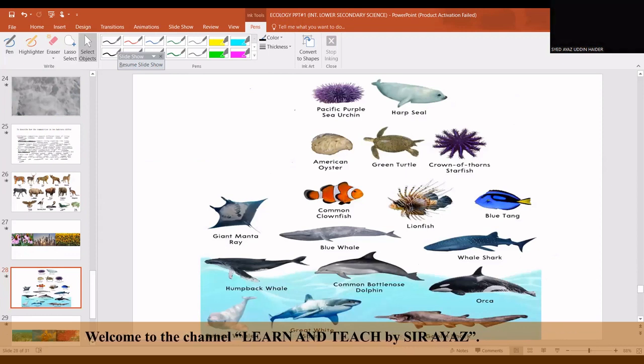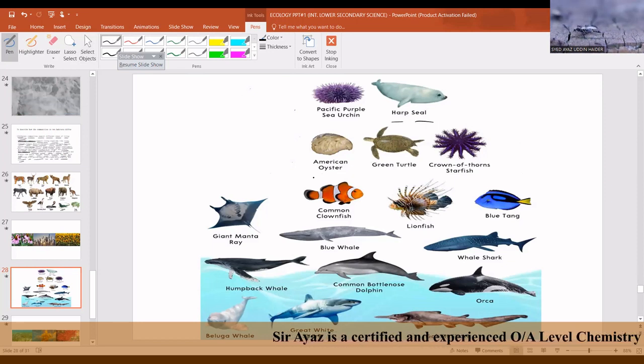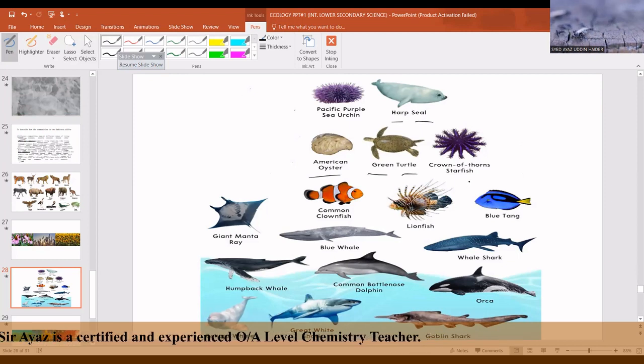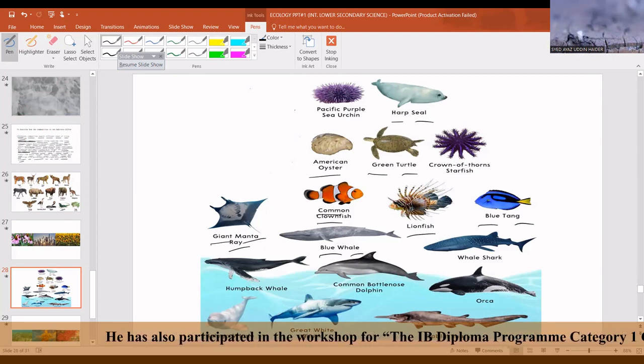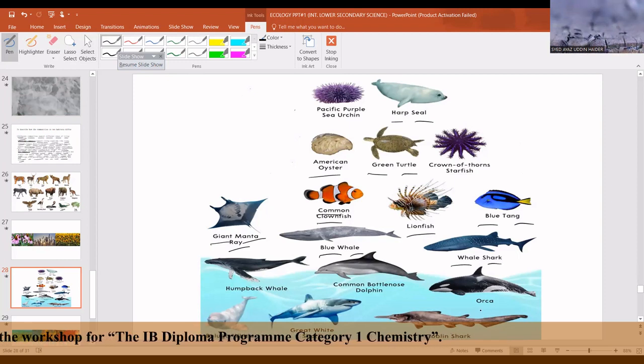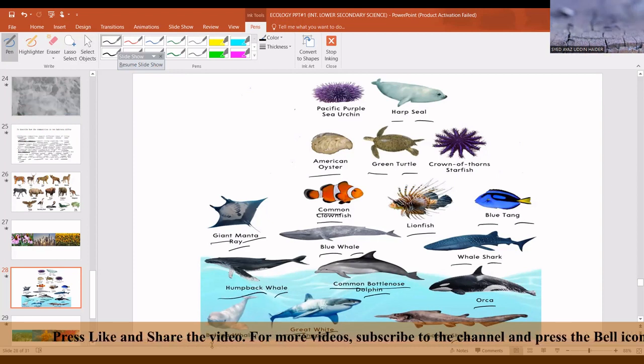Here's the community of animals and fishes you will find in the ocean. We have harp seal, we have American oyster, green turtle, we have common clownfish, we have giant manta ray, we have lionfish, blue tang, blue whale, whale shark, orca, goblin shark, common bottlenose dolphin, great white shark, humpback whale, beluga whale.